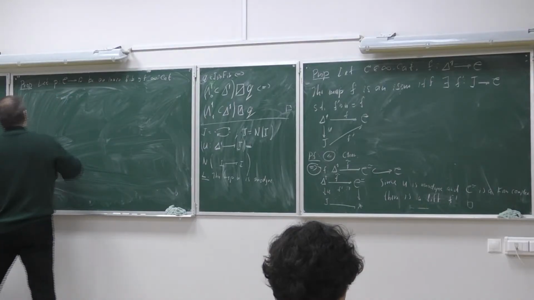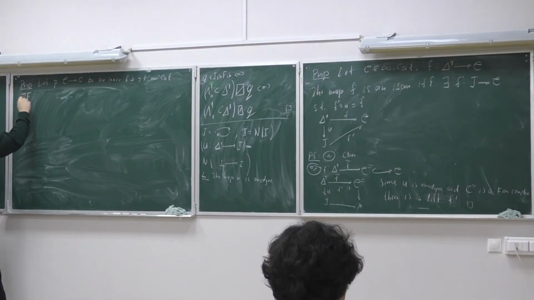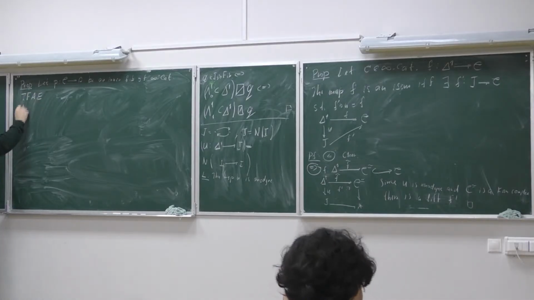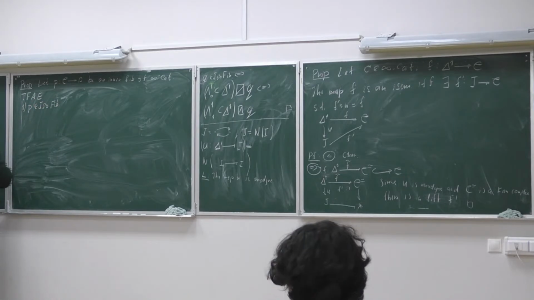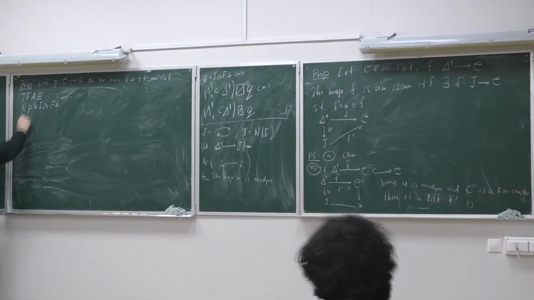Then the following are equivalent. Really just two conditions. First, P is an isofibration. And condition 2 is that I have a solution of the lifting problem.